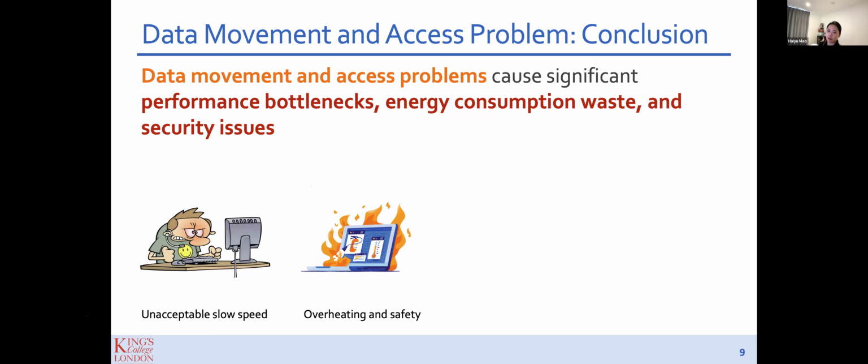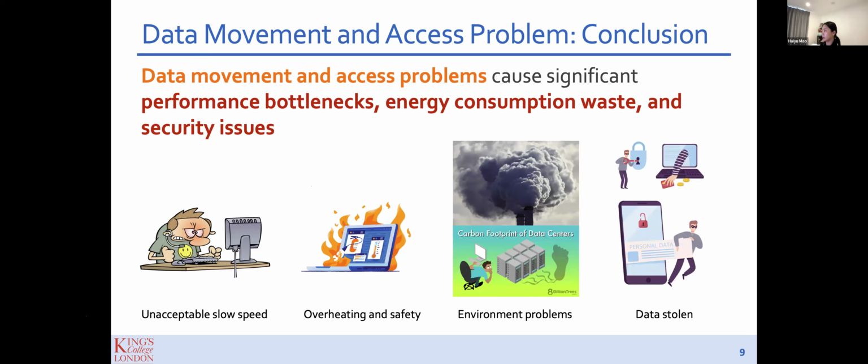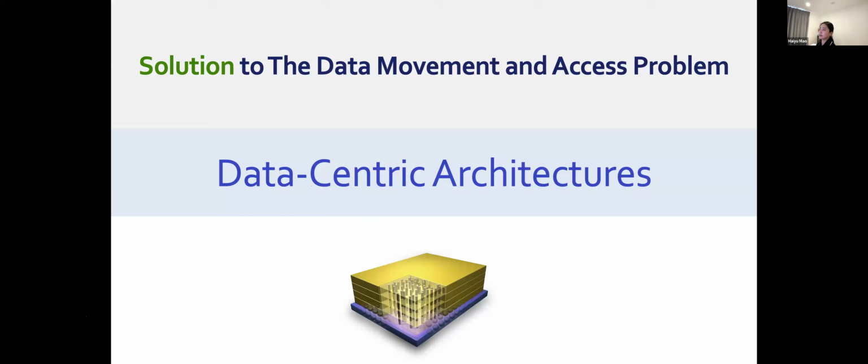When you open a really big file, you can feel that your laptop's fans are making noise because it's generating a lot of heat, and there's an overheating problem and a safety problem. It also creates an environmental problem as you consume a lot of energy. And at the same time, there's the data theft problem when you transfer data over the off-chip links, like side channel attacks. So the solution to the data movement and access problem is data-centric architectures.